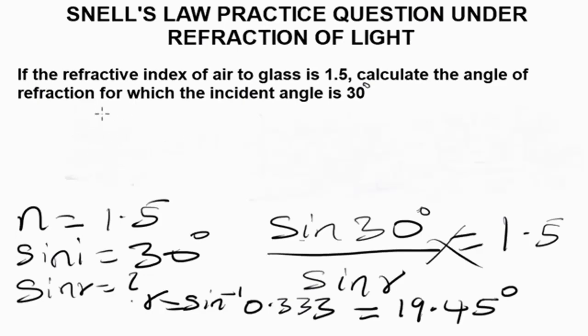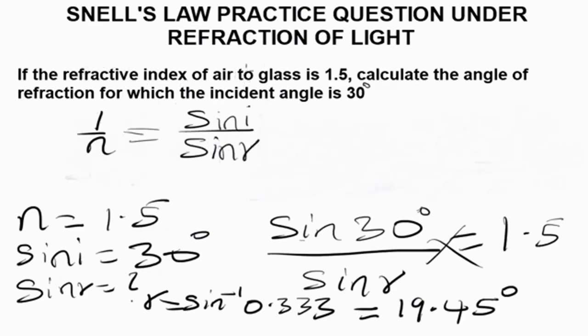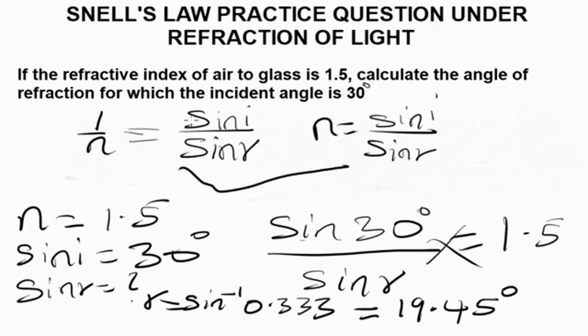In this case, the refractive index would have been 1 over n equals sine I over sine R. But since the refractive index is from air to glass, from less dense medium to a denser medium, this is the right formula: n equals sine I over sine R. So take note of this difference, very important.